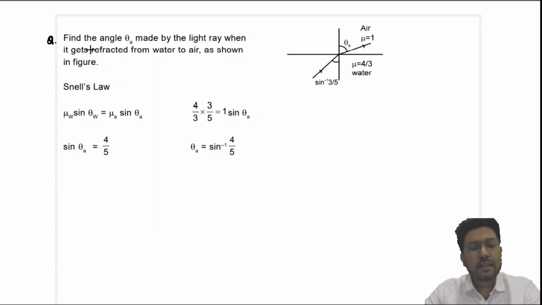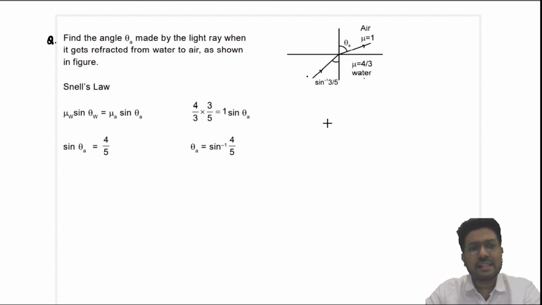In this question, it is given that find the angle theta A made by the light ray when it gets refracted from water to air, as shown in the figure. So it is given to you that this angle is sine inverse 3 by 5, and the light is traveling from water to air.